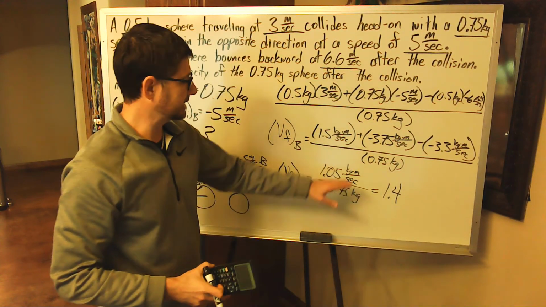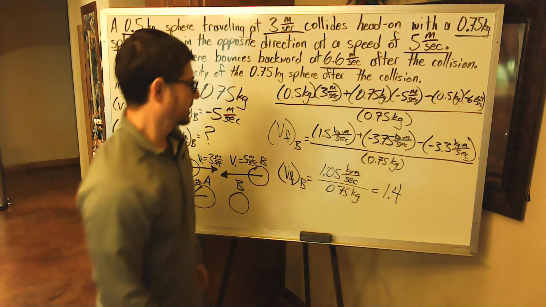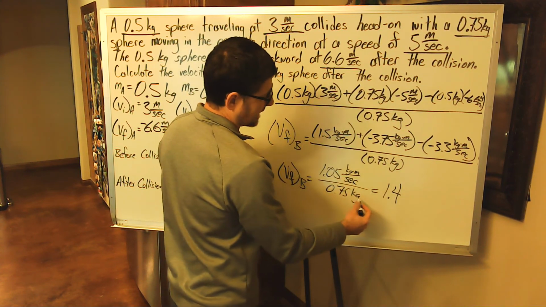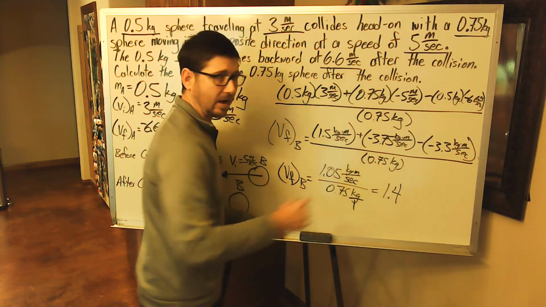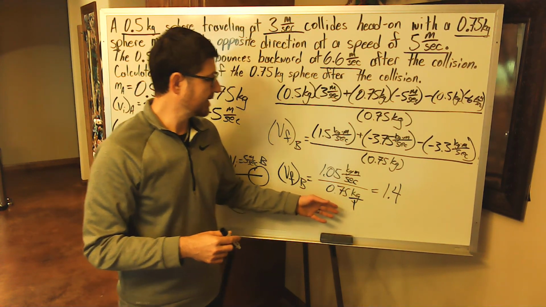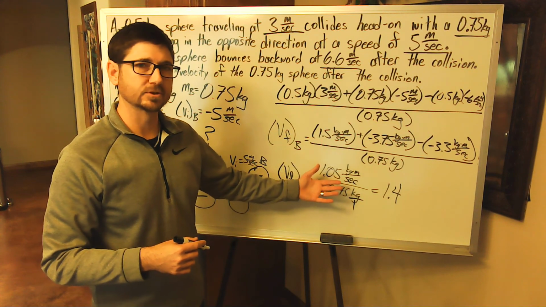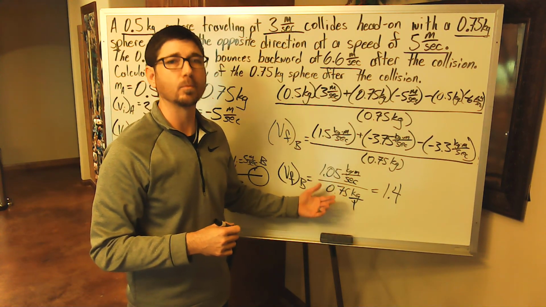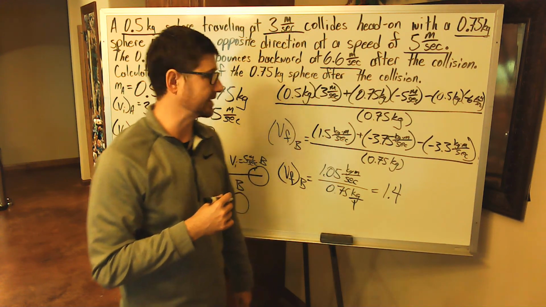Okay, now looking at the units here, in my numerator I have kilogram meters per second, and we're dividing by kilograms, which algebraically we can write like kilograms over 1. We need to refer to the algebra rule where whenever we divide fractions, it's like multiplying by the inverse of the denominator.